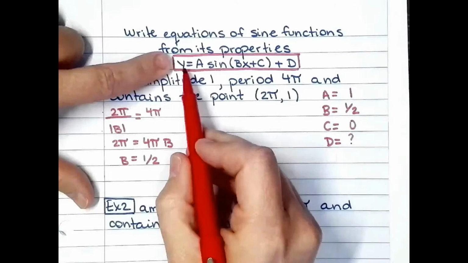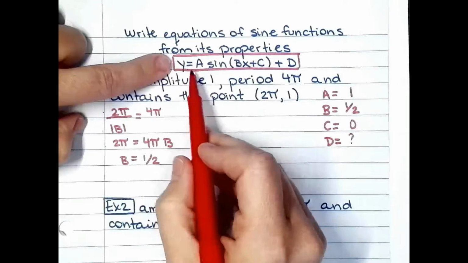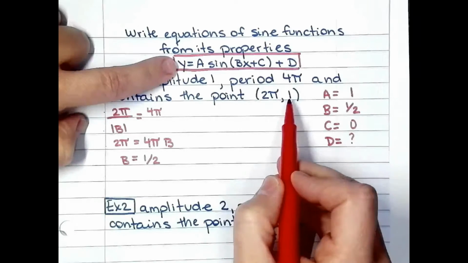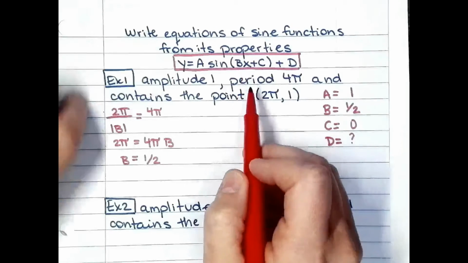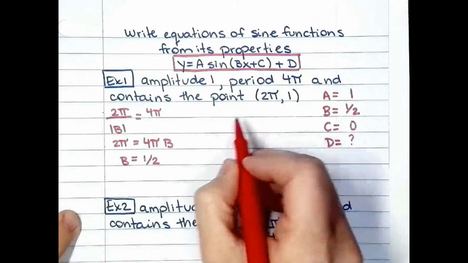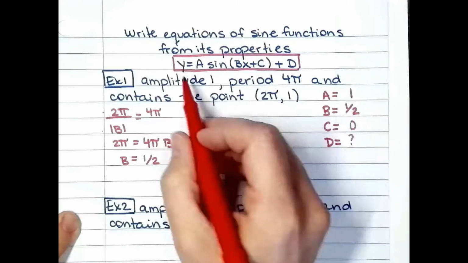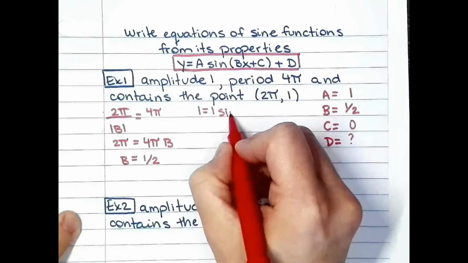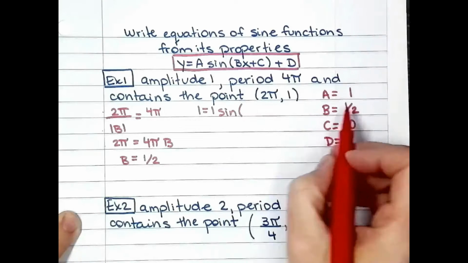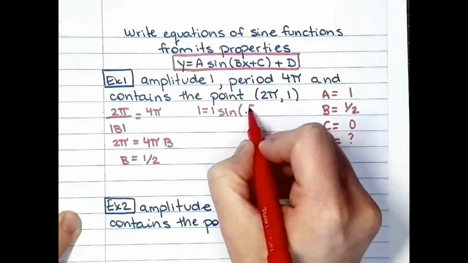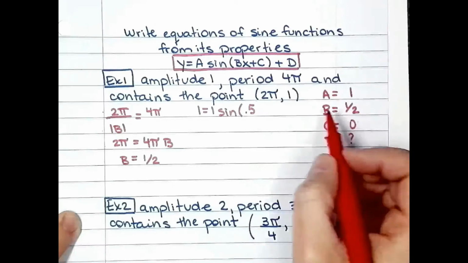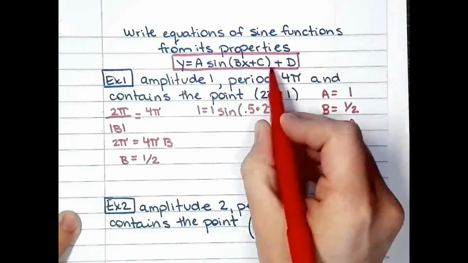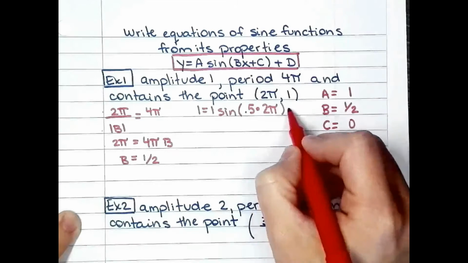My function goes through the point (2 pi, 1), so I'll plug in 1 for y and 2 pi for x, so I can solve for d. Plug in 1 for y. A is 1. B is half, I'm just going to do 0.5. X is 2 pi. C is 0 for now.